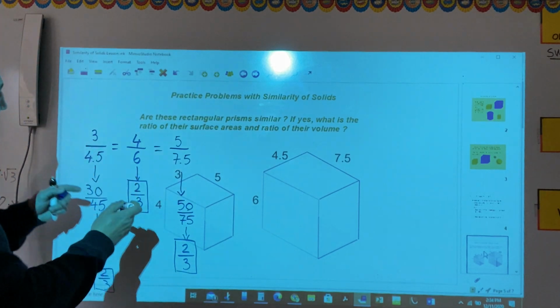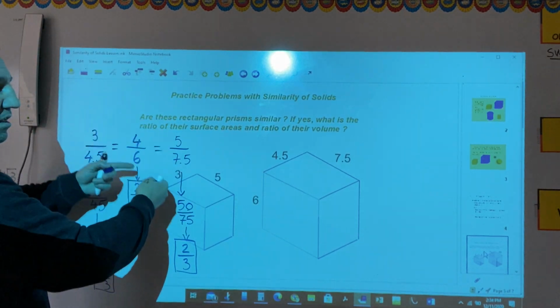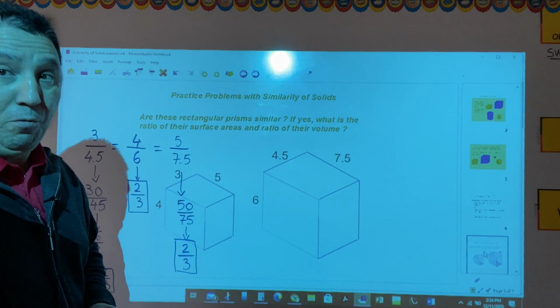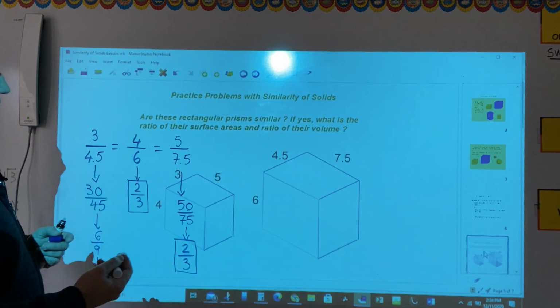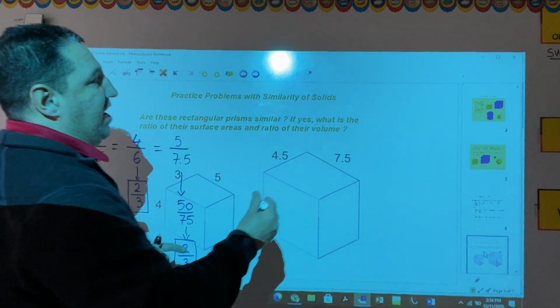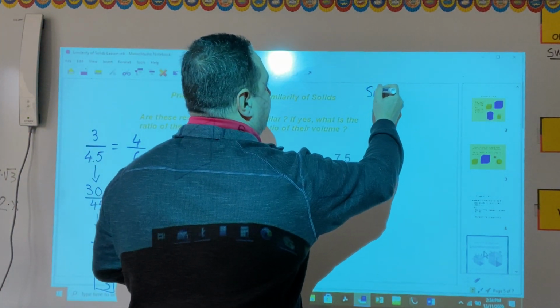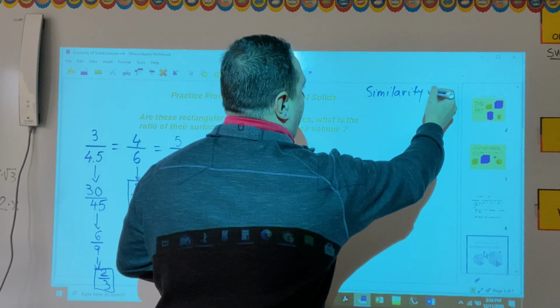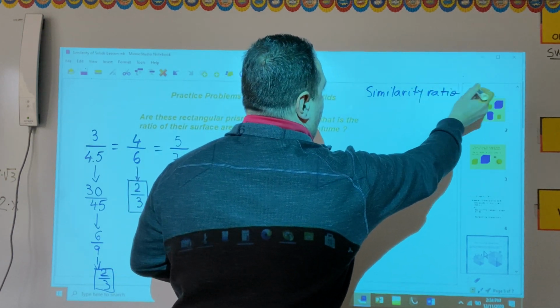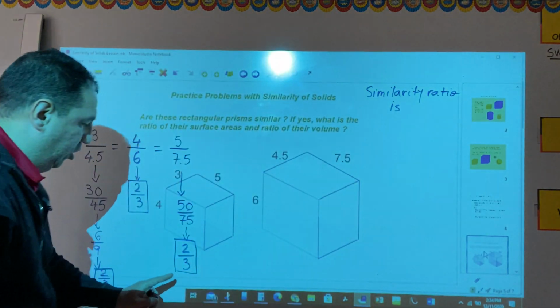Why? Because the corresponding dimensions are in proportion. So the similarity ratio is 2/3.